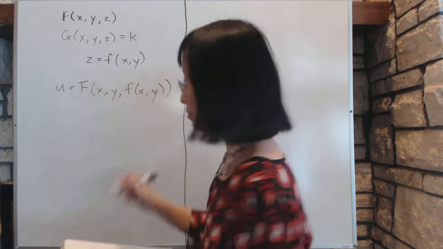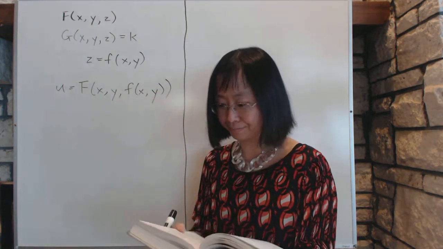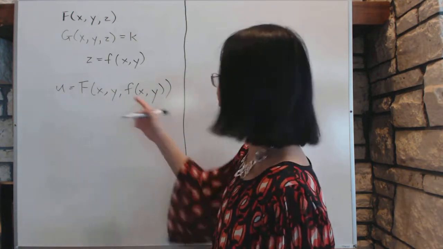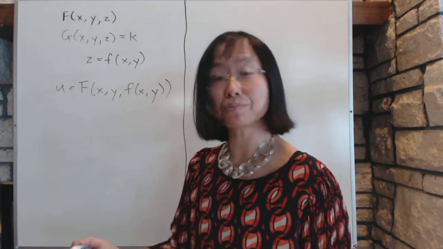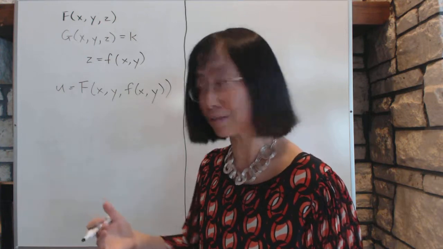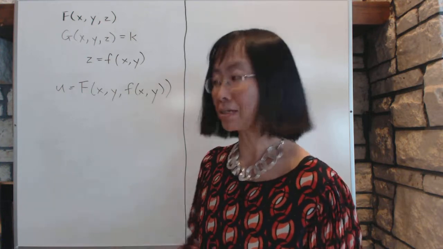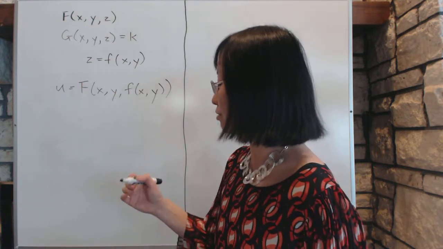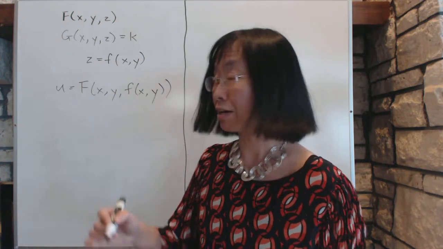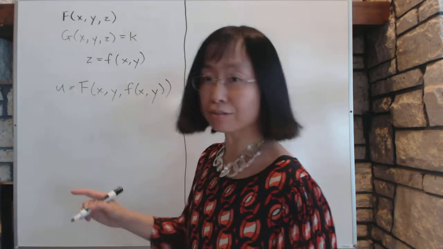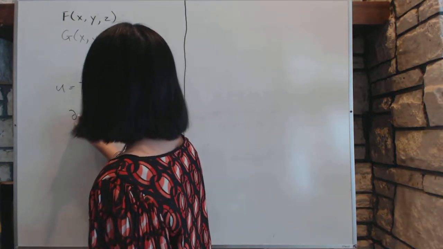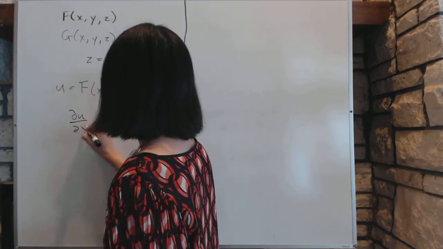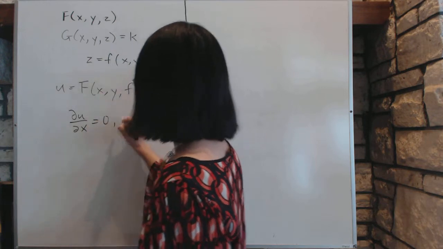Okay, so you plug it in, and then you take the partial derivatives of u and set them to be 0, and then solve to see if that gives you any maximum or minimum values. Because you know that if there is a maximum or minimum, it will be where, under certain conditions of course, the partial derivatives are 0.